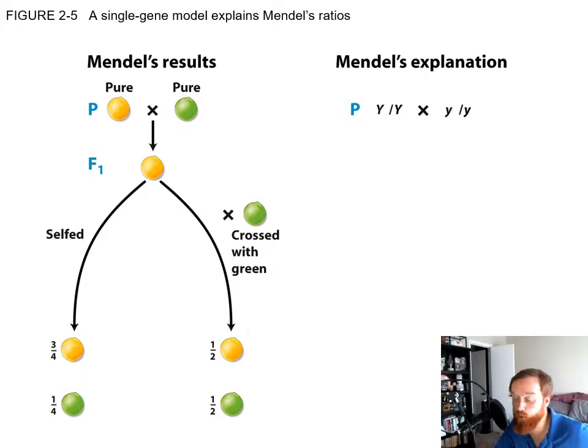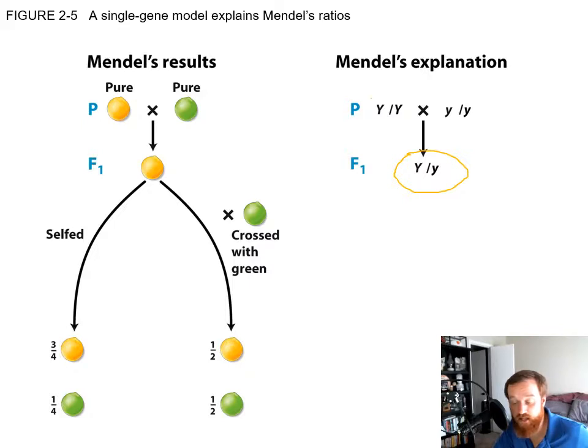And for the green pea plant, we give them 2 lowercase y's. Now, if we cross this yellow pea plant, 2 uppercase Y's, versus a green pea plant, 2 lowercase y's, then 100% of the offspring are big Y, little y, or heterozygous.